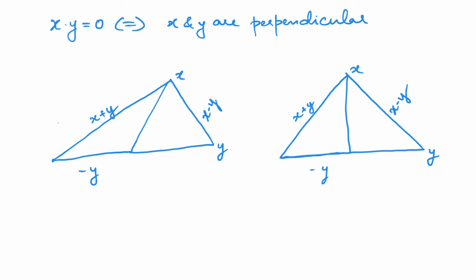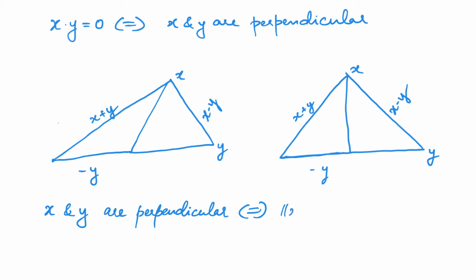And we know that this line will be perpendicular precisely when these two sides are equal. So, x and y are perpendicular if and only if the length of x plus y is equal to the length of x minus y. Let us repeat. x and y are perpendicular to each other if and only if the norm of x minus y is equal to the norm of x plus y.